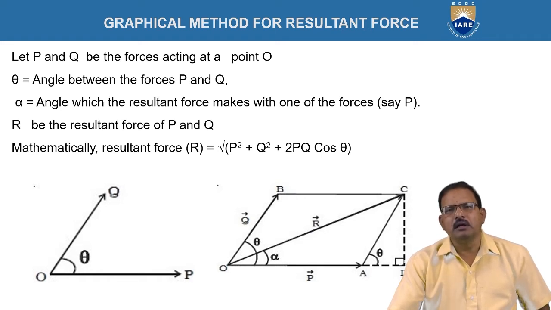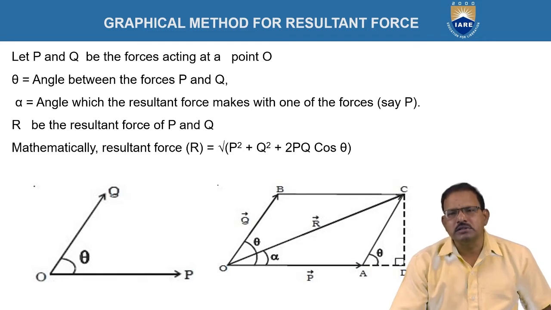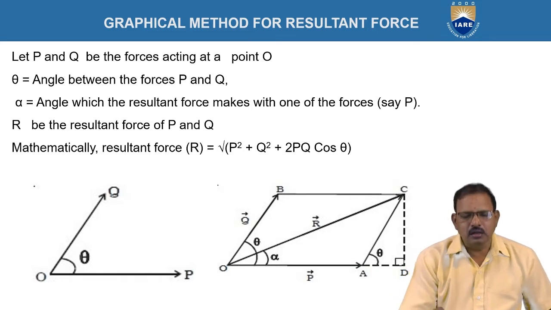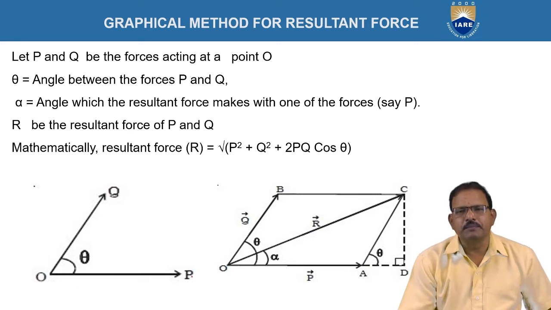Let alpha be the angle which the resultant force makes with the direction of force P, or let R be the resultant of P and Q. According to the parallelogram of forces, these two forces can be represented both in magnitude and direction by two adjacent sides of a parallelogram. Here OP represents one force.